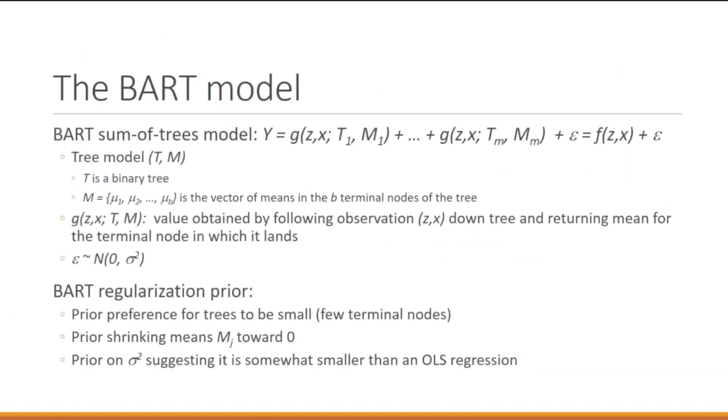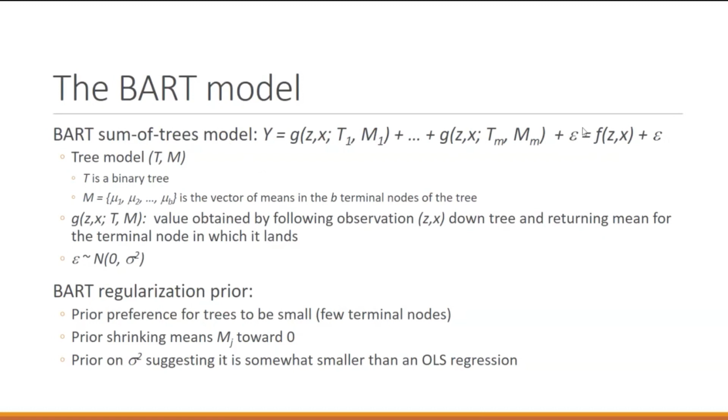All right. So the BART model then is a sum of trees model with a regularization prior. Let's say that 3 times fast. And so we're modeling our response as a sum of these g of Z, where Z is going to be a treatment variable if we're talking about causal inference, X are covariates, and then our tree model with some normally distributed noise at the end.